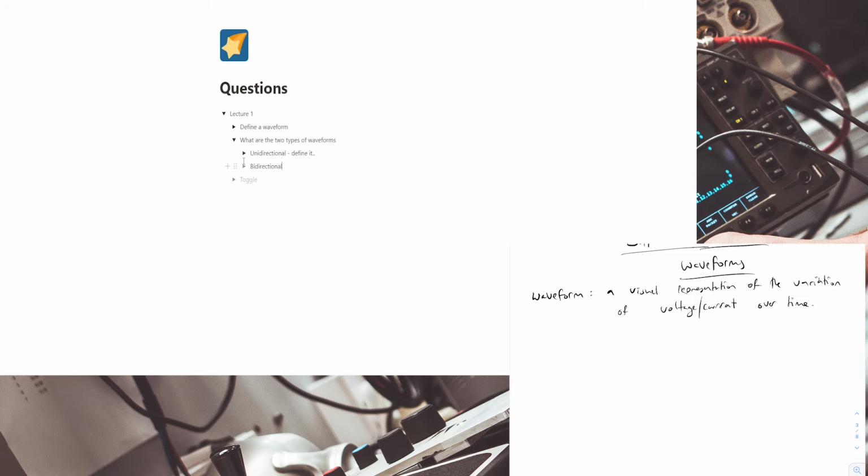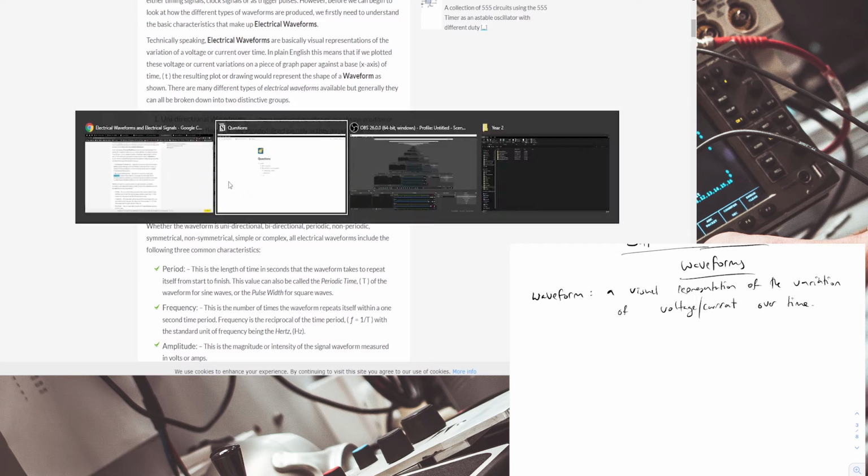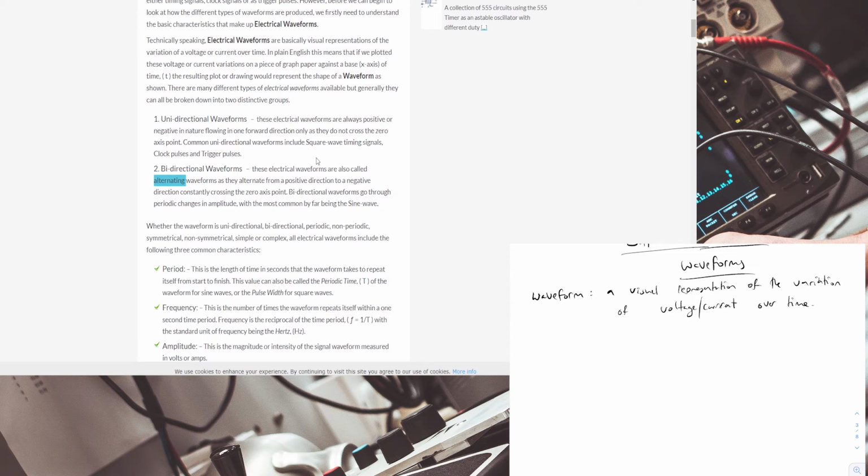Okay, so bidirectional. I assume bidirectional means that it can cross the zero axis, right? These electrical waveforms are also called alternating. We can call them alternating because that's probably more relevant to AC. Bidirectional or alternating, as they alternate from a positive direction to a negative direction, constantly crossing the zero axis point. Okay, so below zero represents going backwards, right? I get it. That's why you have waveforms that go like this.